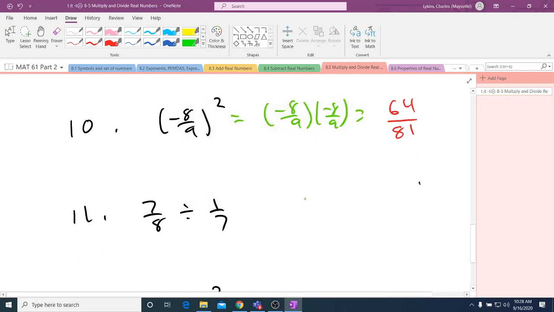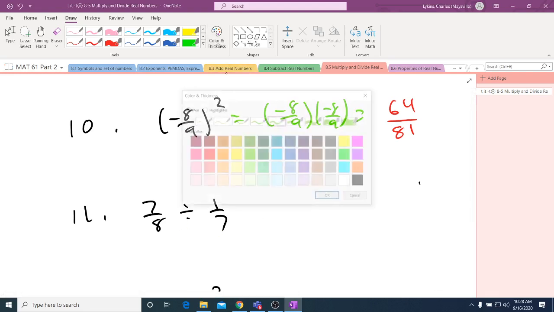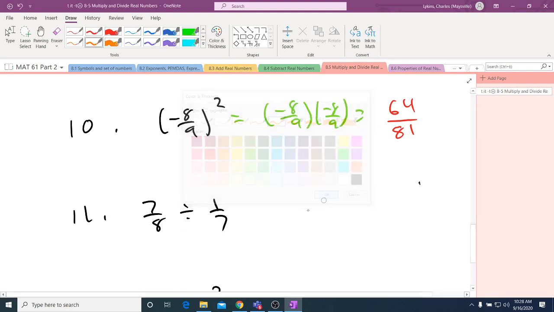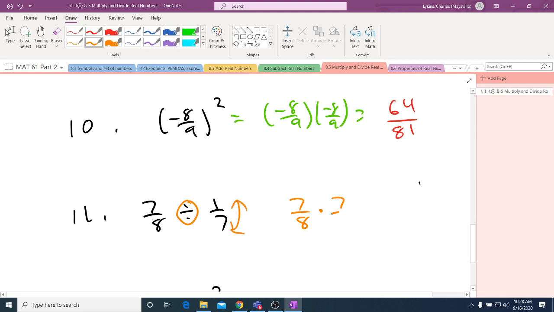It's kind of a rule that we talked about a while back on dividing fractions. So in this case, we leave our 7/8 the same. But what we're going to do is change this division to multiplication by taking this and flipping the fraction.